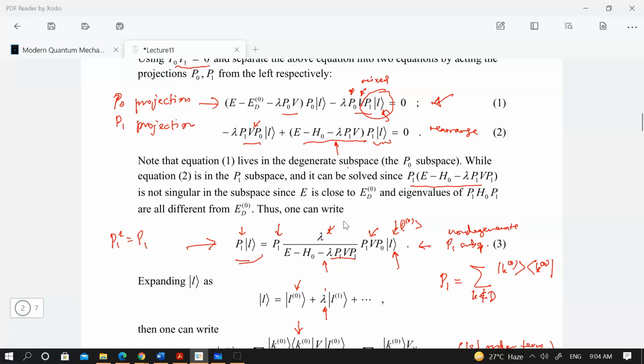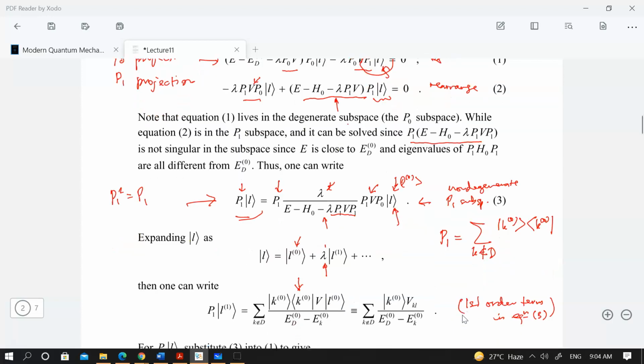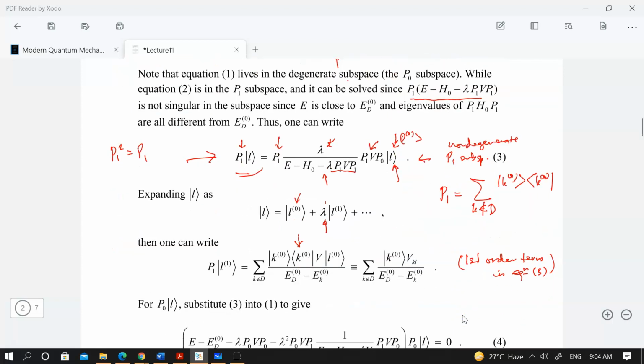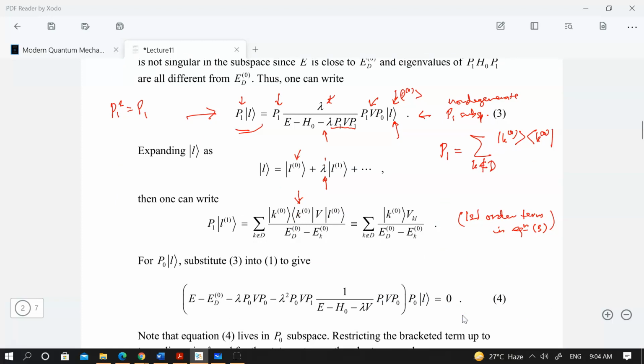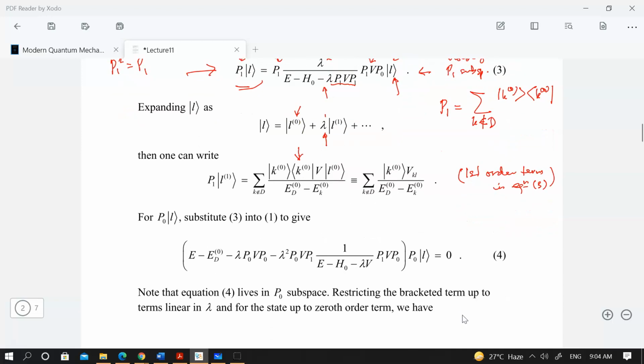So by inserting equation 3 into equation 1, I hope that sort of justifies the things that we do, because it's a bit tricky over here that you have already decomposed into two different spaces. So when you do that, then we have a new equation for your P0 subspace given by this equation 4. Okay, so this is actually in the P0 subspace.